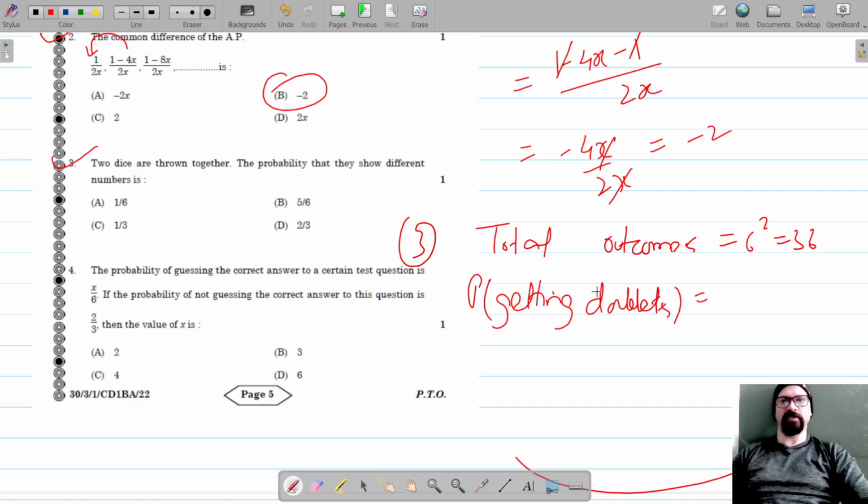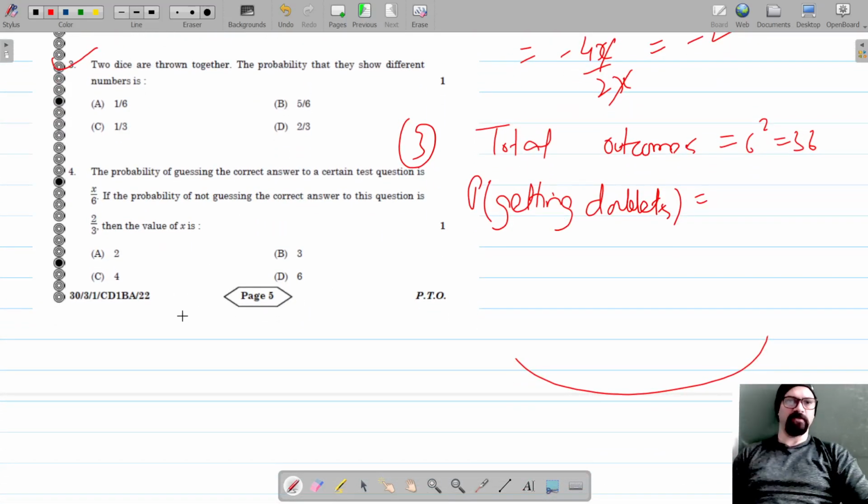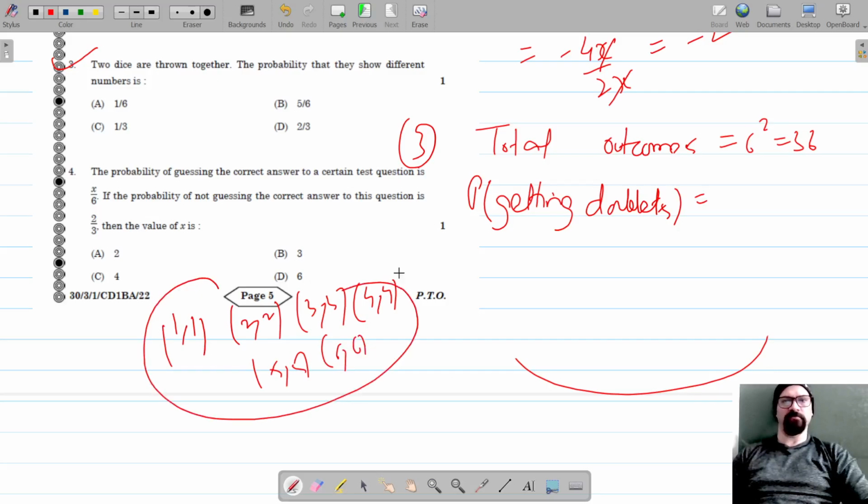The number of doublets is 6, and the doublets are 1,1, 2,2, 3,3, 4,4, 5,5, and 6,6. So the probability of getting the same numbers on two dice is 6 by 36, which is equal to 1 by 6.